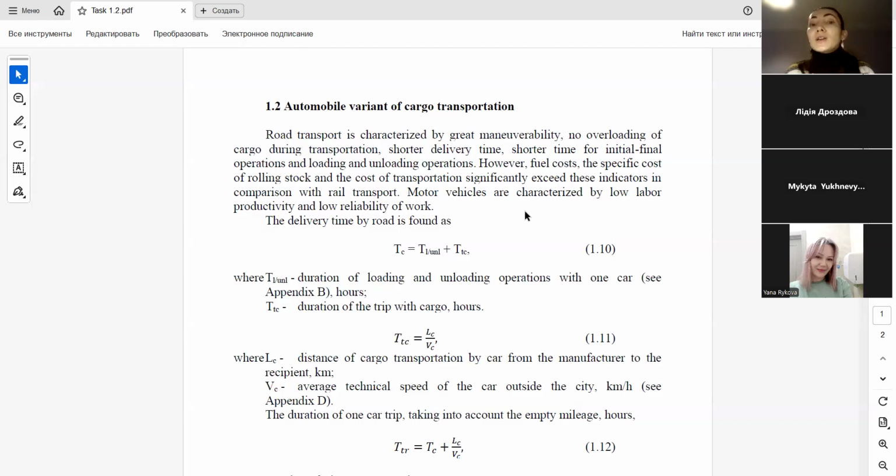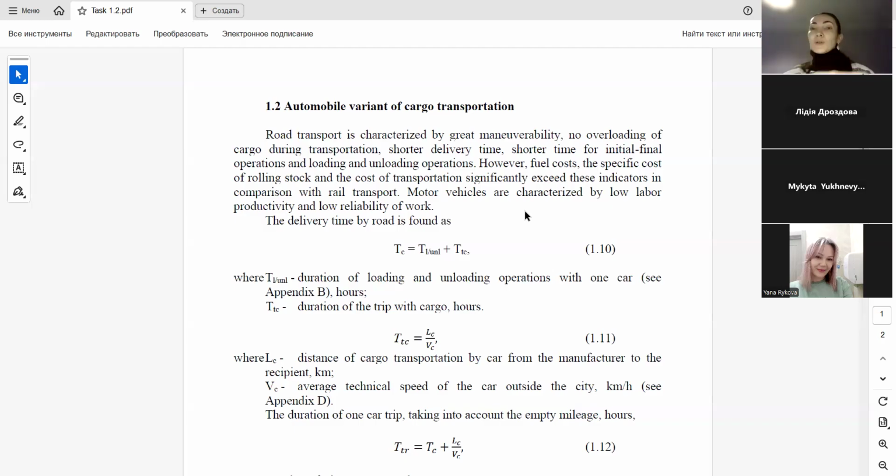Loading and unloading operations are also faster, I think, because it is not such a big part of time. When we use wagons, we need special infrastructure and special resources for loading and unloading operations, to put our wagons on a special track.